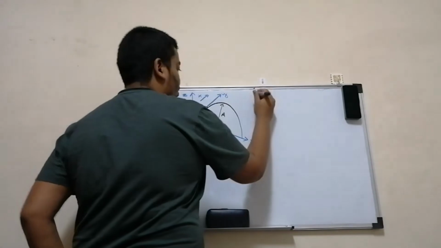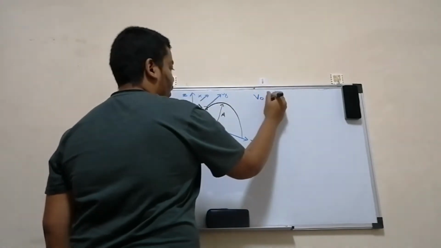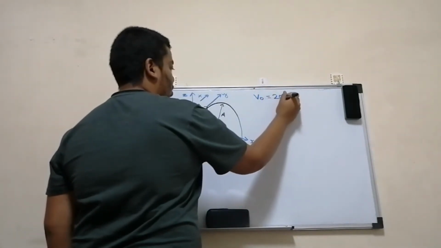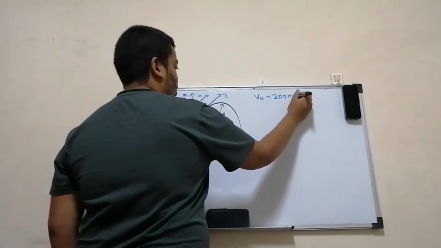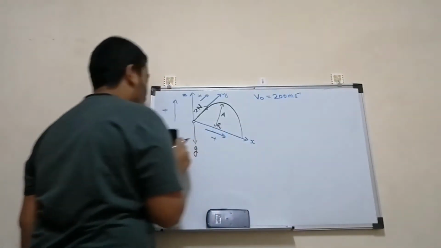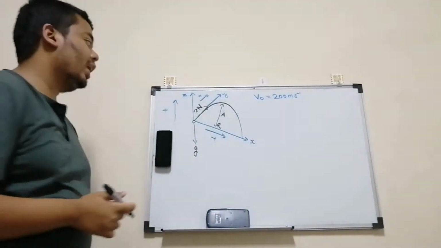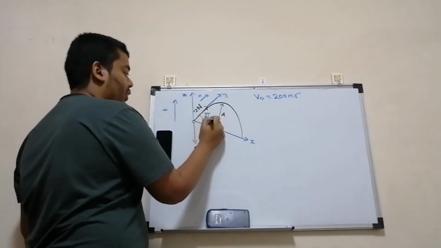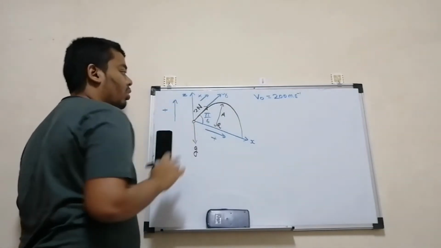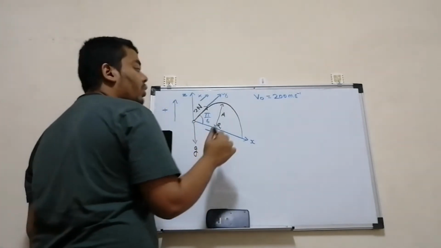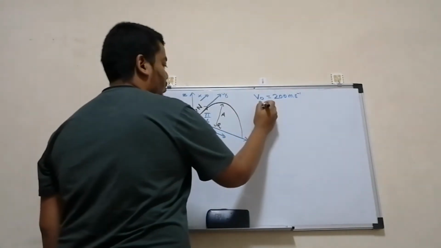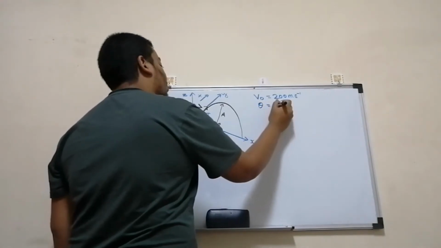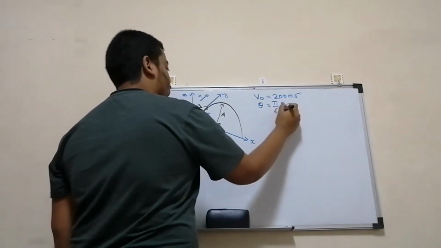So we have here our v naught is 200 meters per second. Perfect. And then we have the angle of elevation, that is pi upon 6. This is our angle of elevation. So we have here our theta is pi upon 6 radians.